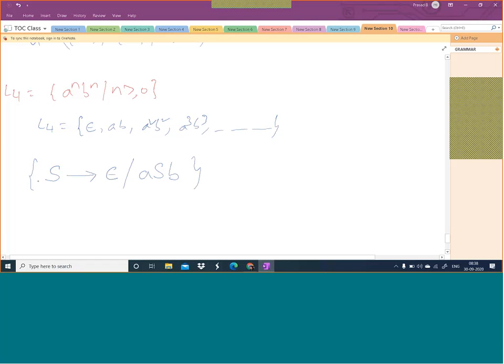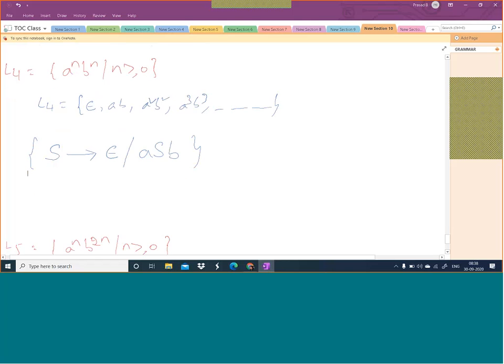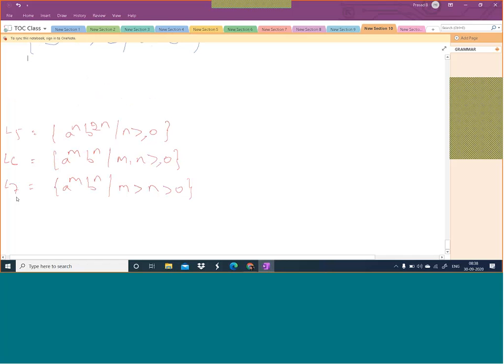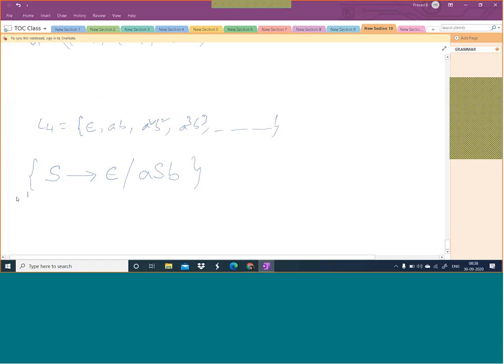I don't write the complete structure because you know what is what. S is the non-terminal and a, b are the terminals, and these are the productions.